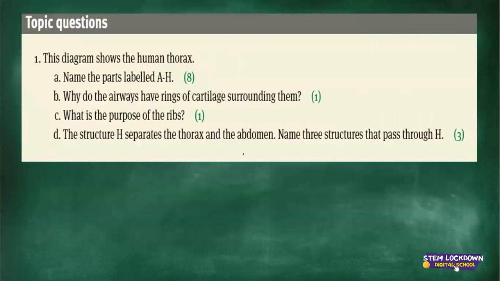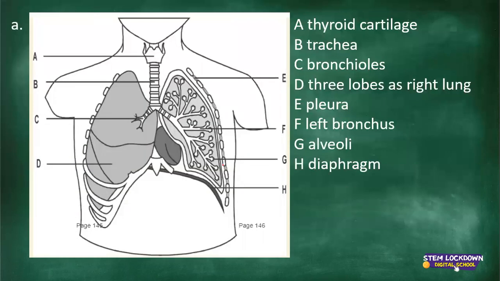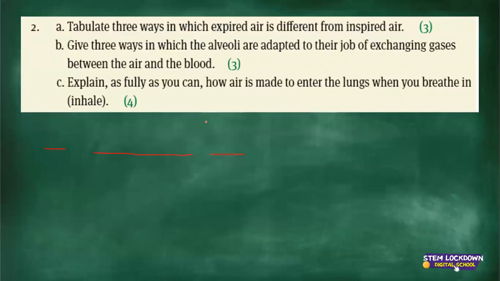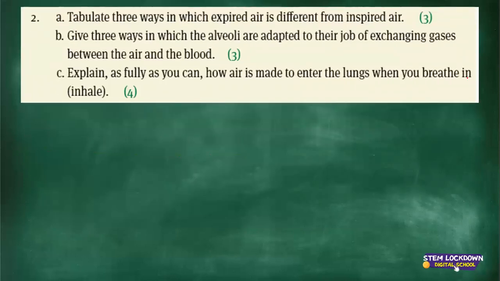There's lots and lots of alveoli over here, which helps with the surface area. They are also very thin in structure and they are moist, as they are surrounded by liquids in the lungs.